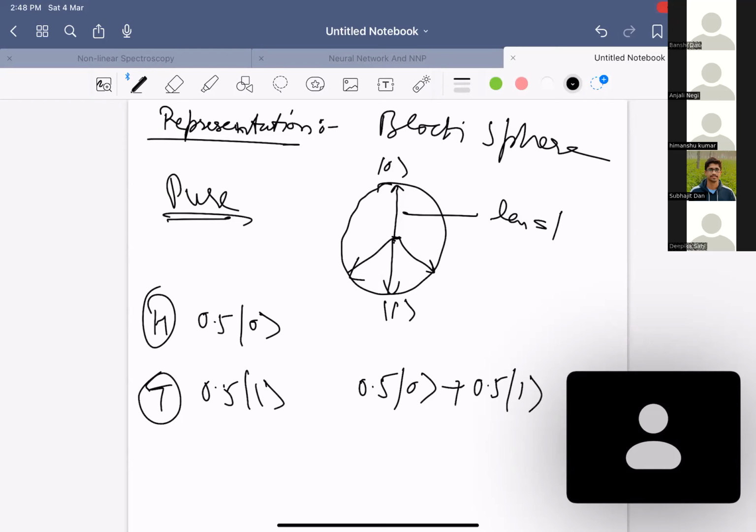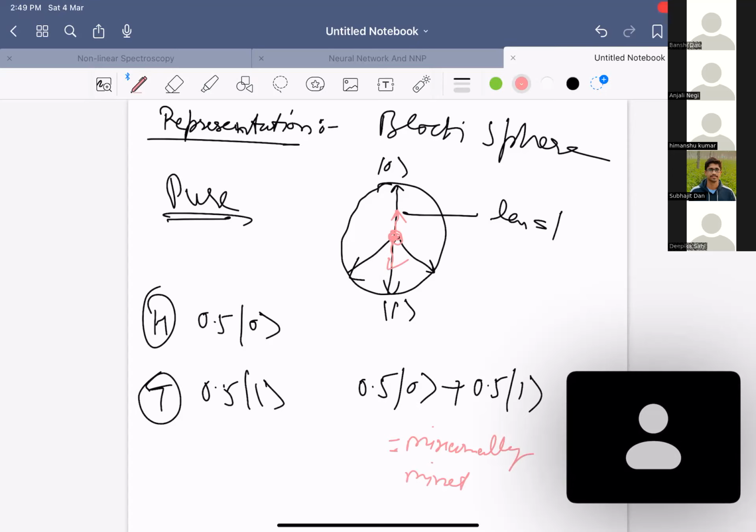Just multiply the probability of that particular state with its vector. So 0.5 multiplied by the 0 state and 0.5 multiplied by the 1 state, and if we add them up, we get a dot in the Bloch sphere. This maximally mixed state can be represented by a single point in the Bloch sphere.